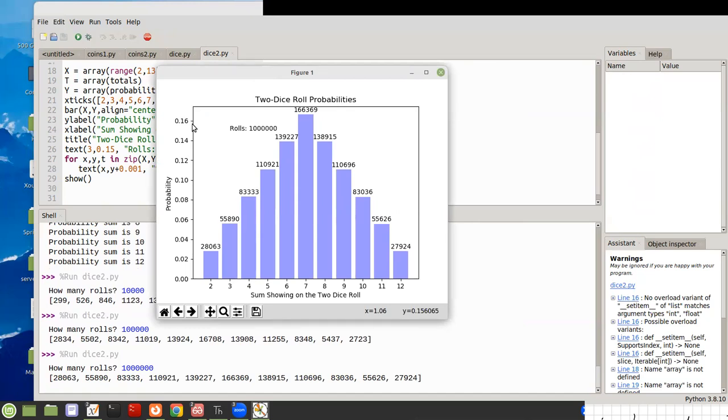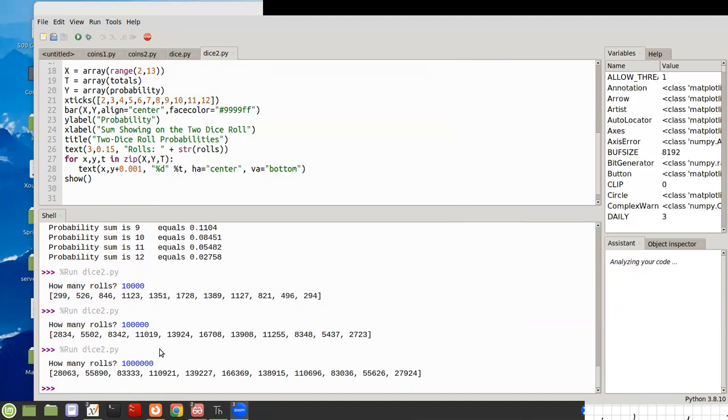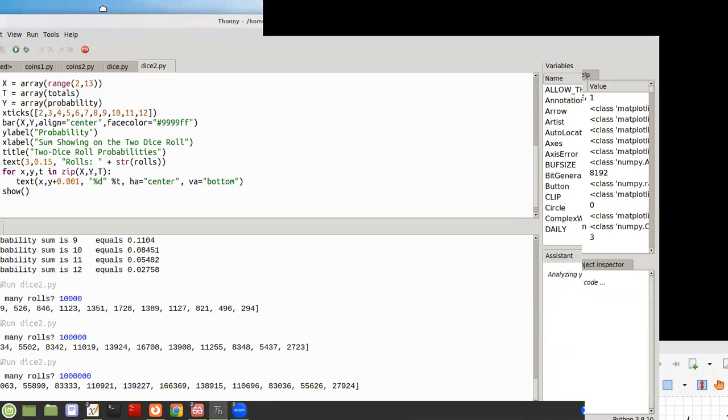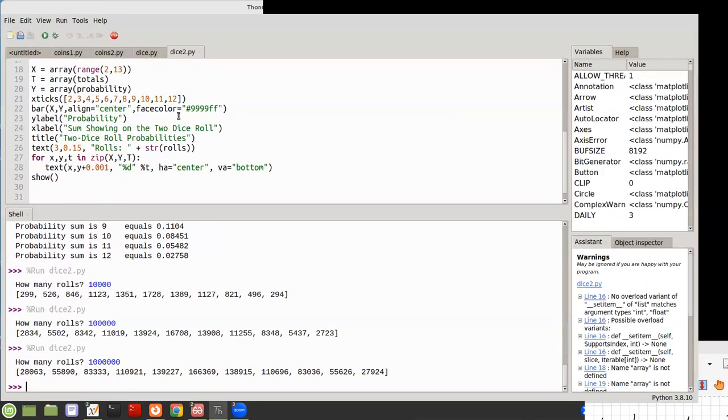So the issue is, how can we predict? We would like to be able to predict the probability of the sum for a 6-sided dice. So that's one little project, to understand what's happening.